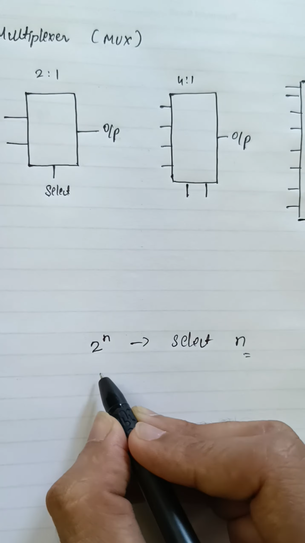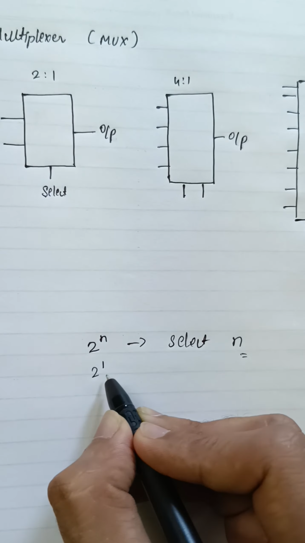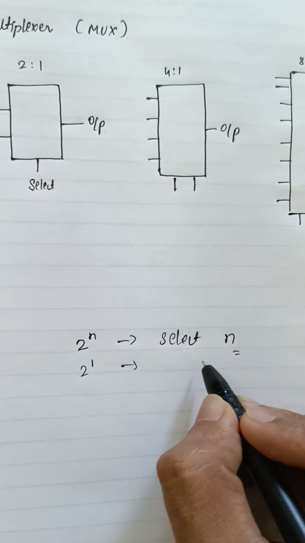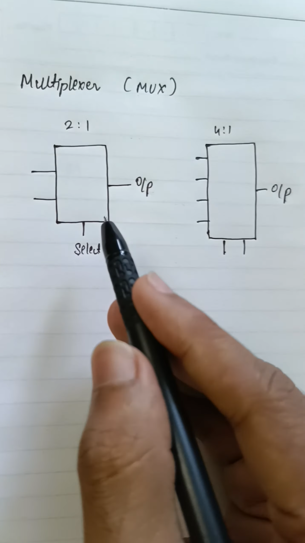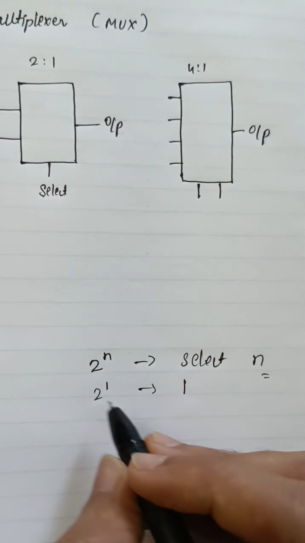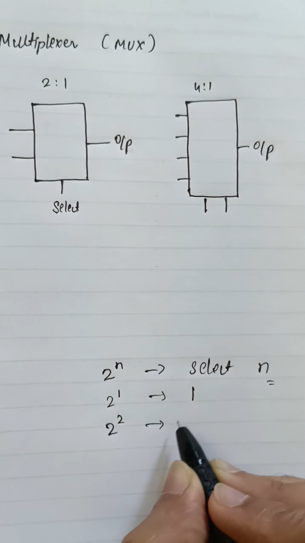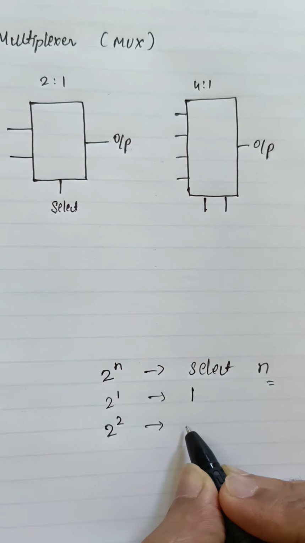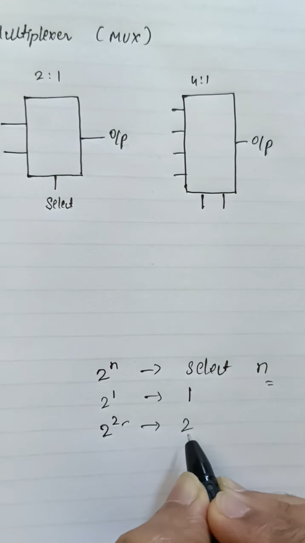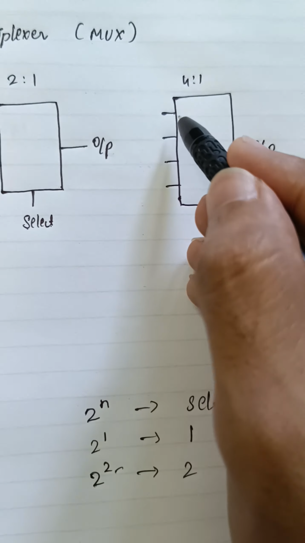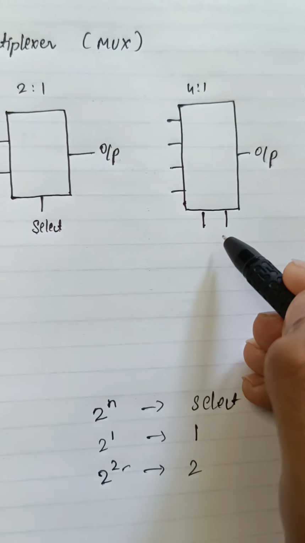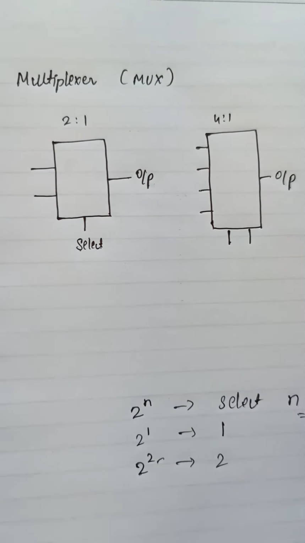If there are 2 to the power of 1 inputs, that is 2 inputs, then the number of selects will be 1. If there are 2 to the power of 2 inputs, then the number of selects will be 2, that is this n. Here, if there are 4 inputs, then the select will be 2. We will discuss how it works.